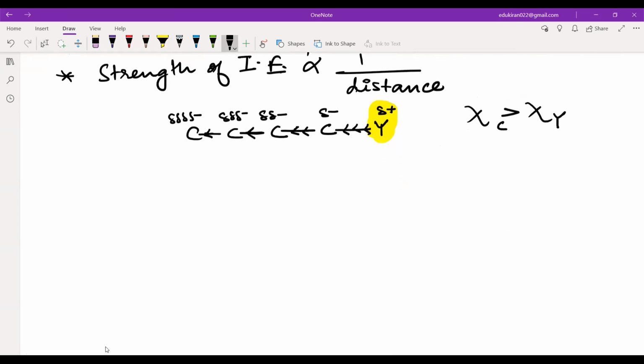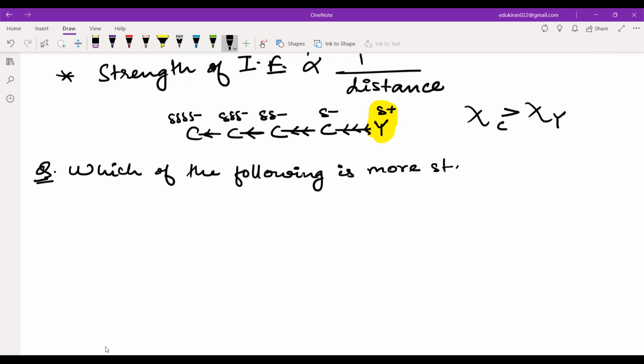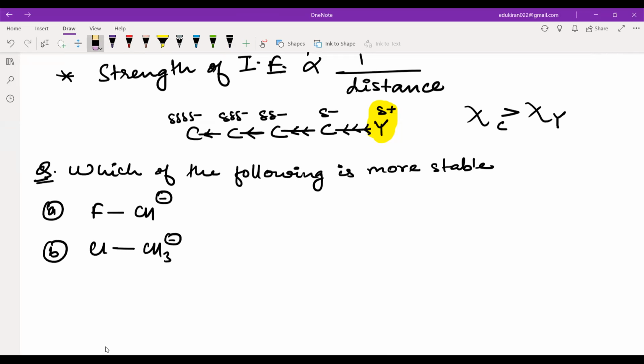Okay, stability. If I ask you a question, which of the following is more stable? Suppose you have a fluorine group attached to CH2 negative. Let us say there is a chlorine group attached to CH2 negative.